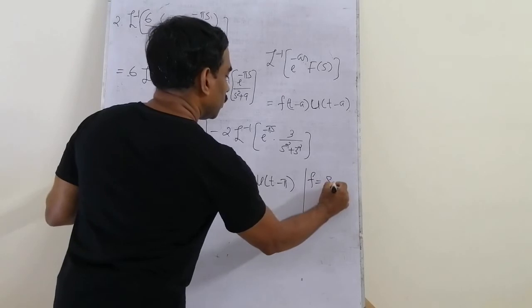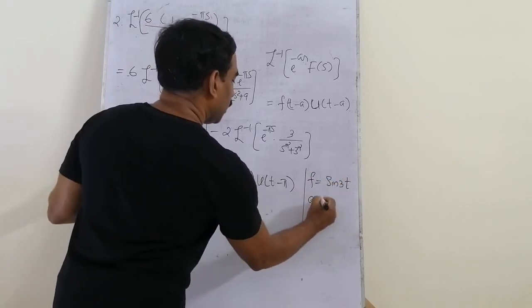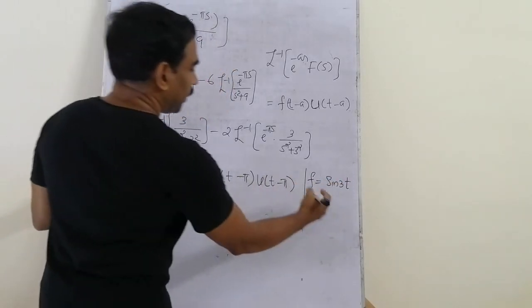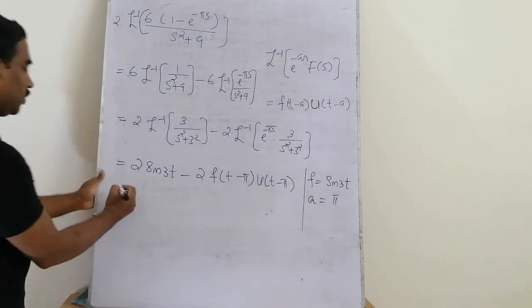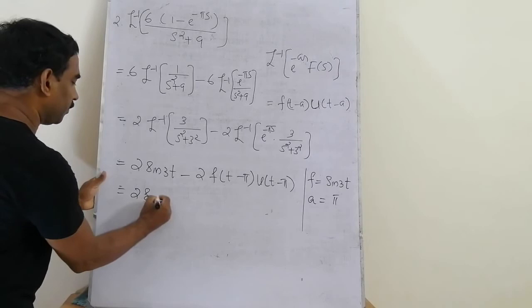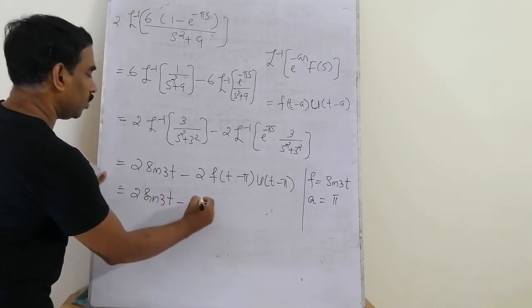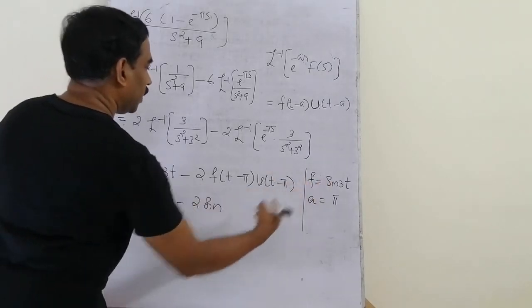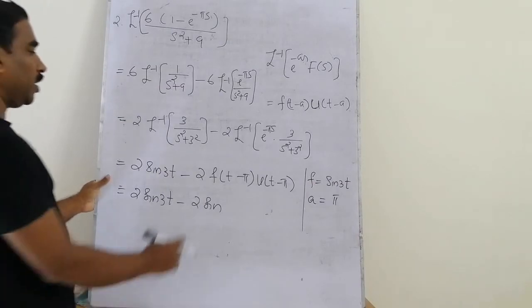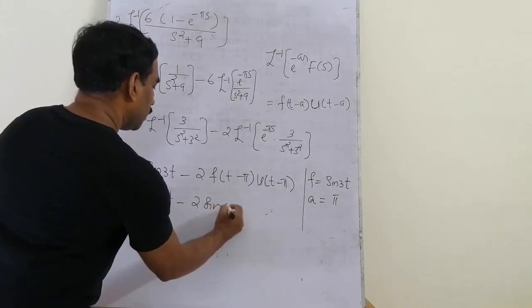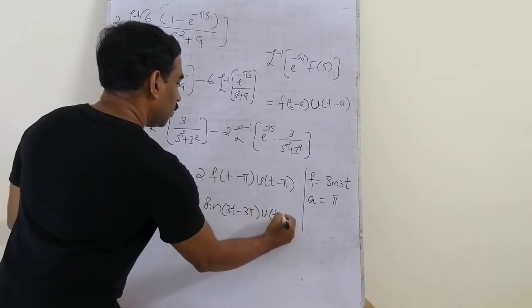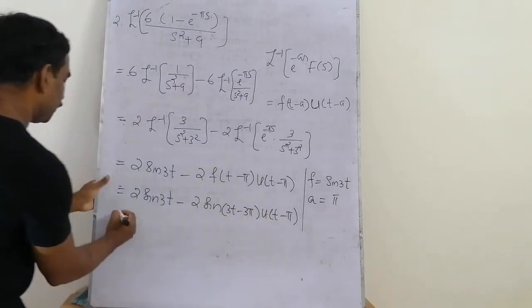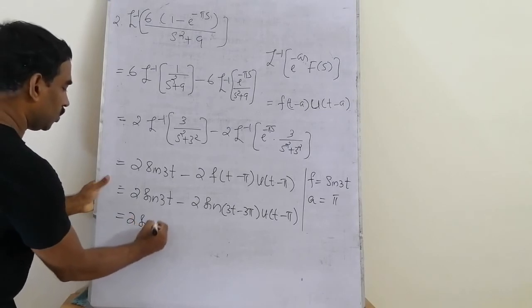Here f is equal to sin 3t, and we have translated this function to pi. So this is equal to 2 sin 3t minus 2 into, changing every t by t minus pi, so 3t becomes 3t minus 3 pi, sin(3t minus 3 pi) into u(t minus pi).